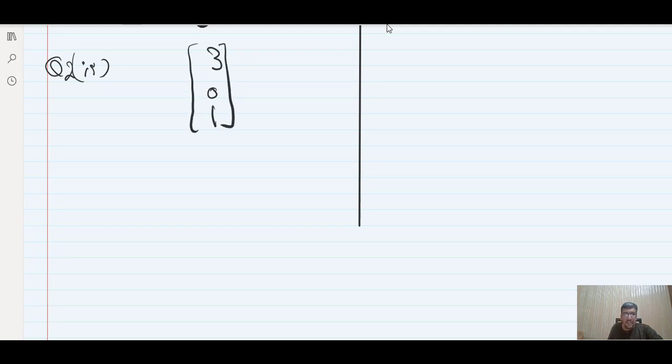Only one column is there, so we name it as column matrix, because they are asking which type of matrix this is. If you go into more detail, we have 3 rows and 1 column, so you can say it is a rectangular matrix also. But column matrix is the most suitable answer here.